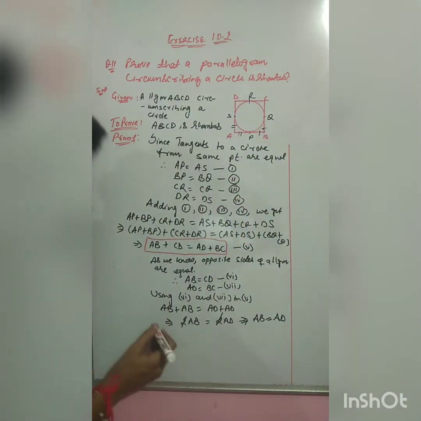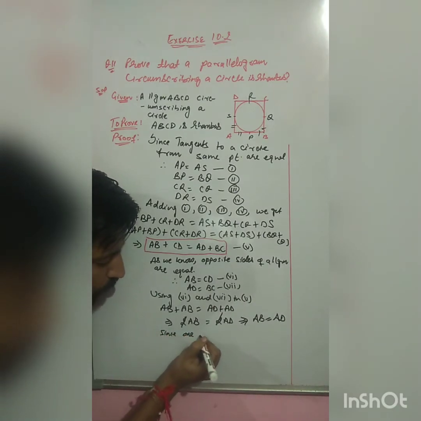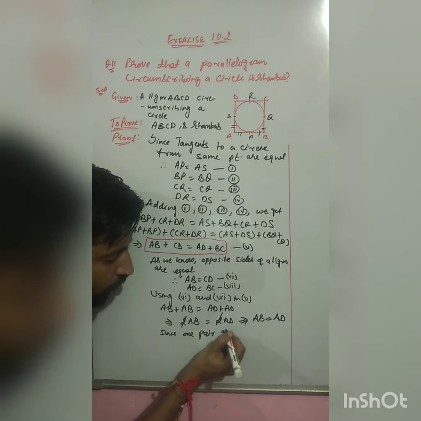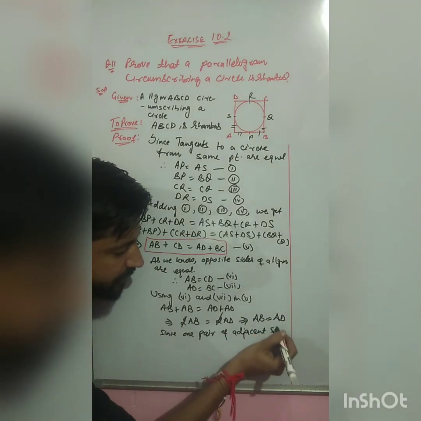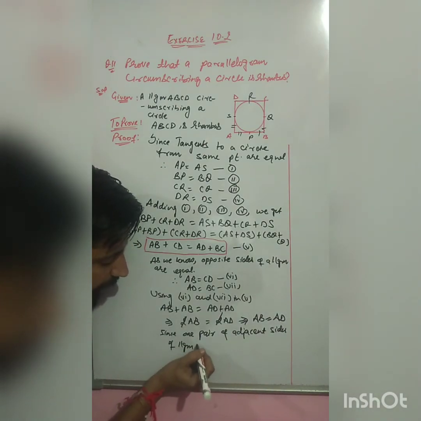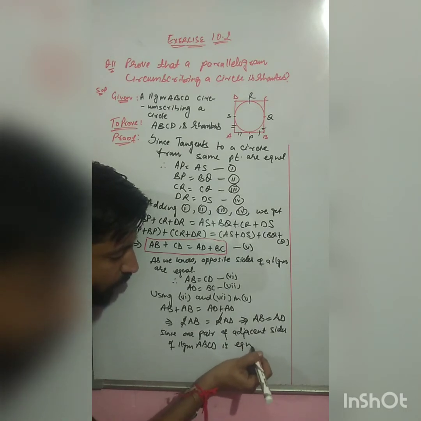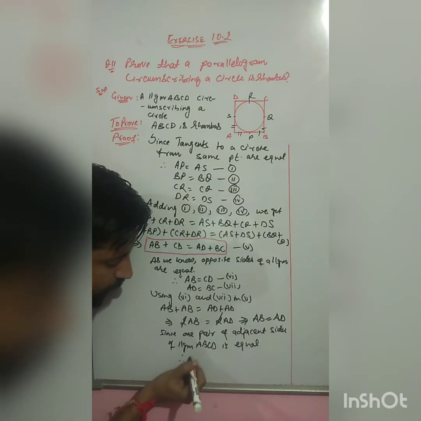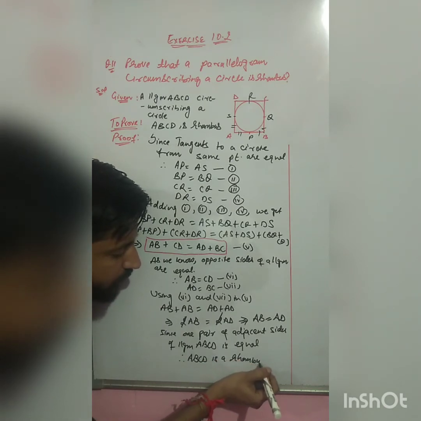So since one pair of adjacent sides of parallelogram ABCD is equal, therefore ABCD is a rhombus.